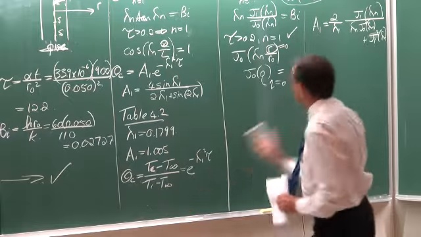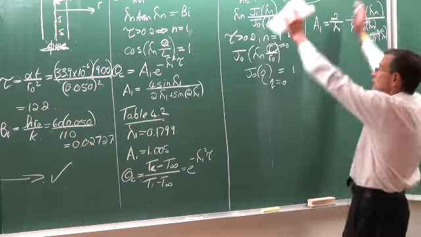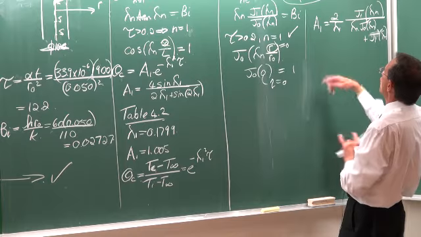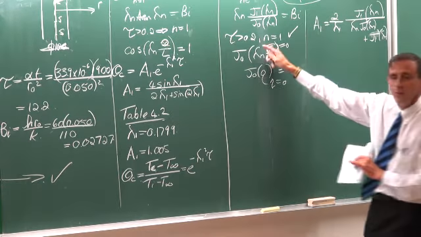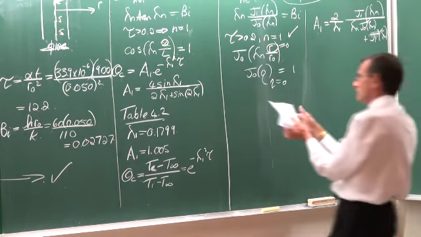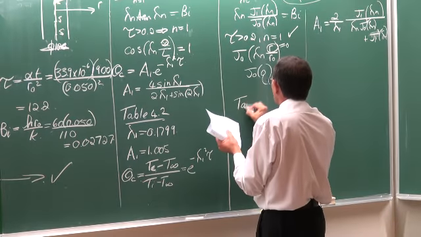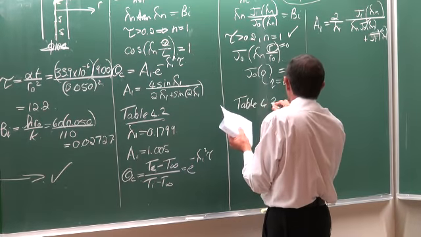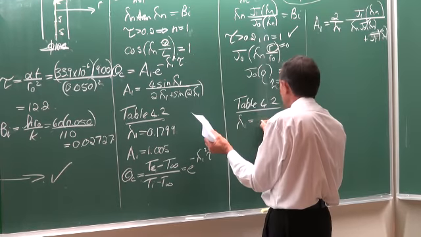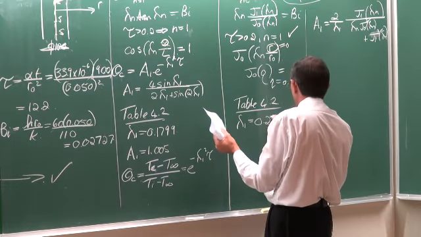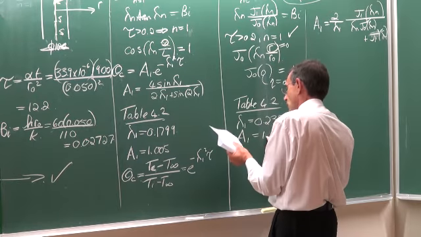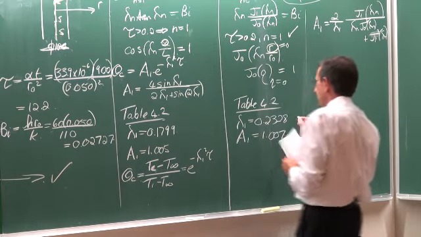So we are still busy on the right-hand side with the problem. You can now go and solve A1 and lambda numerically, or you can get it from the tables. So table 4.2, or numerically, will then give you values of lambda 1, which is equal to 0.2328, and A1, which is equal to 0.007.